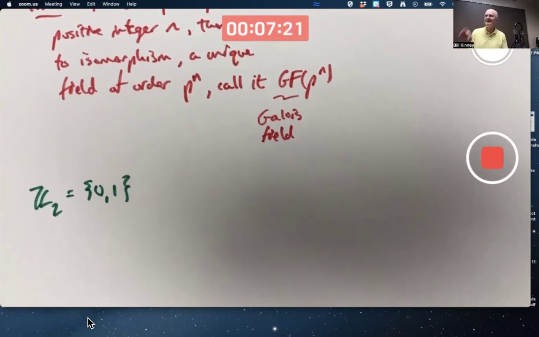The 0 element by itself, effectively by definition, is not a field. Remember the definition of a field is that it's a commutative ring with unity in which every non-zero element is a unit. But 0 by itself doesn't have any non-zero elements, so it can't be a field. Z2 is the smallest field.